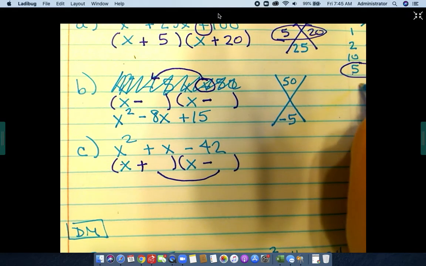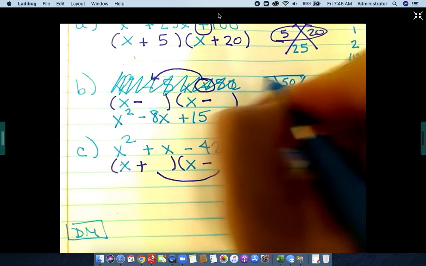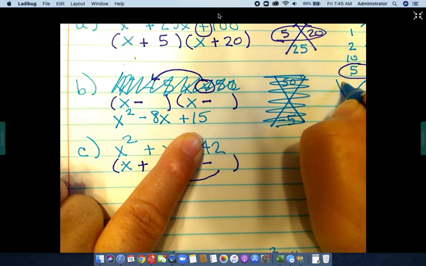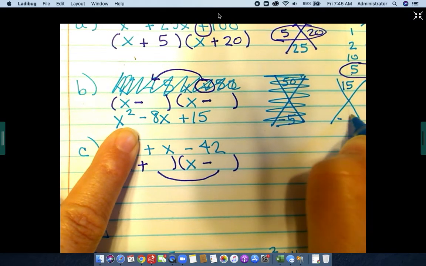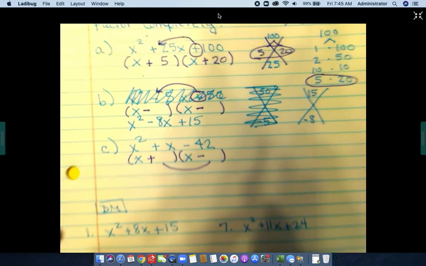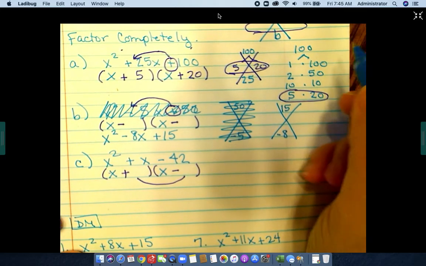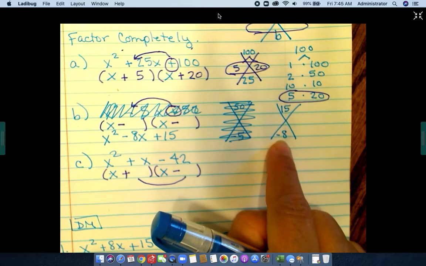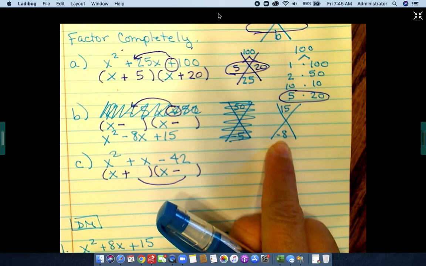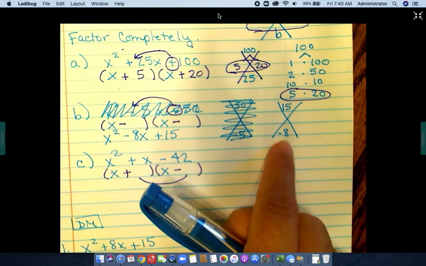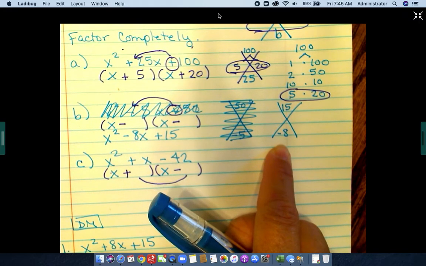So I'm going to go back in here, make a new x, and make this 15, positive 15 at the top with negative 8 down here on the bottom. So remember now, our job is to find the two factors of 15 that will combine to give us a negative 8. So in order to combine two numbers to get a negative 8, they're both actually going to be negative.